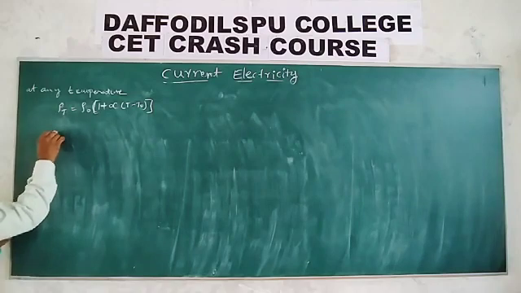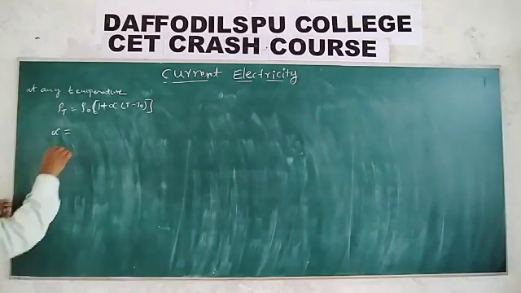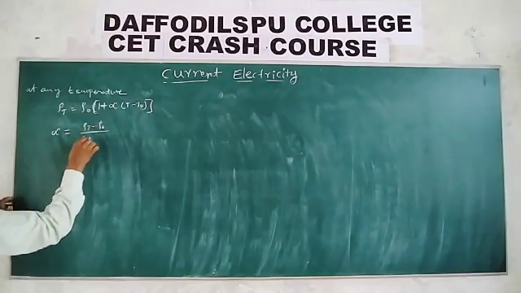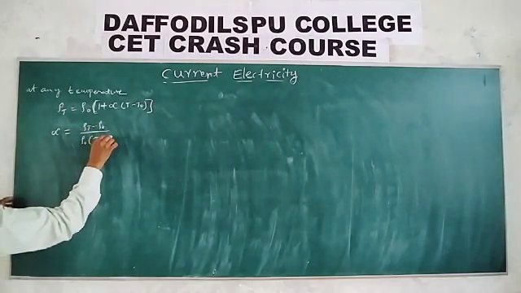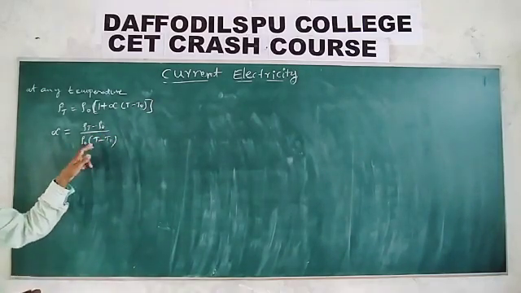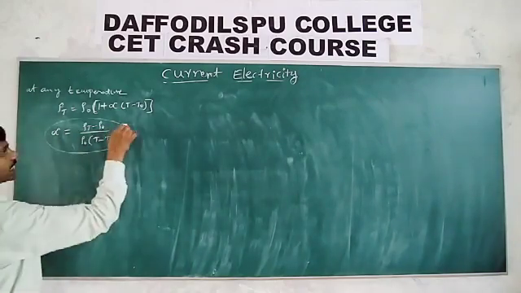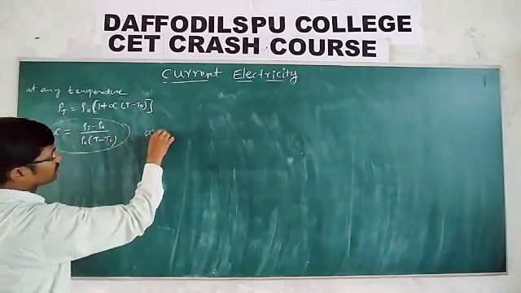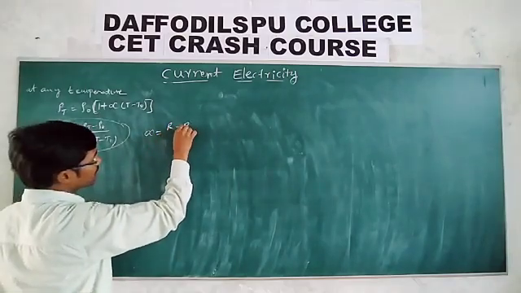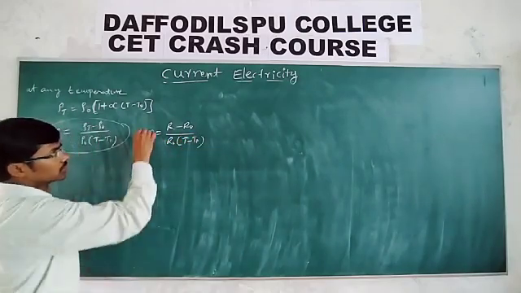Here alpha is the temperature coefficient of resistivity, and we can write it as rho T minus rho naught by rho naught into T minus T naught. T naught is the initial temperature, T is the temperature of that particular resistor. The same thing can be written for resistance, where alpha is the temperature coefficient of resistance, R minus R naught by R naught into T minus T naught.